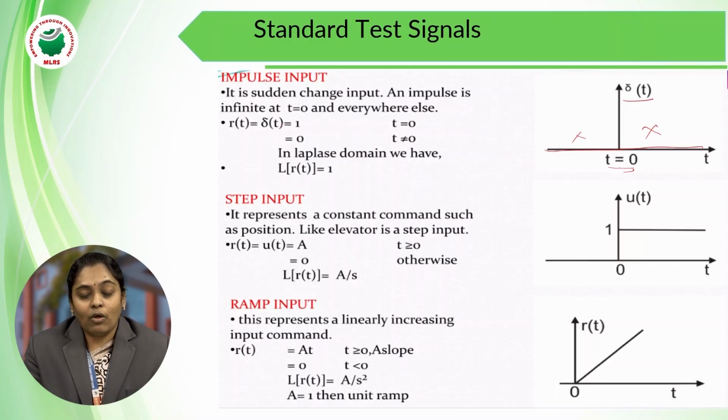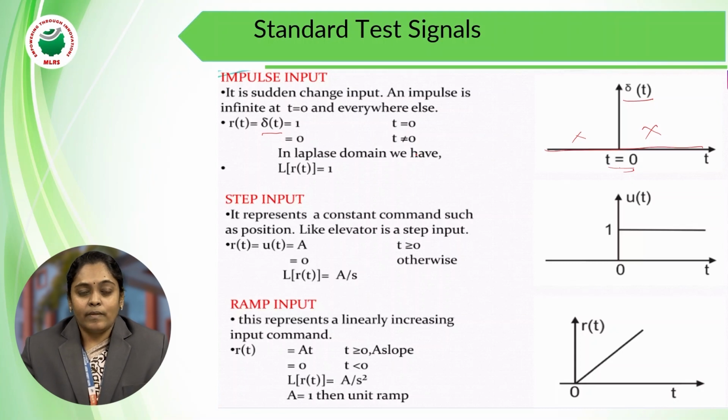and the mathematical notation is, as I have told you, that all these are the test signals which we give as an input for a system, that is r(t). So here r(t) is an input signal, and as it is an impulse signal, impulse is delta(t), and it is equal to 1 only at t equal to 0, and for other cases the value is 0.